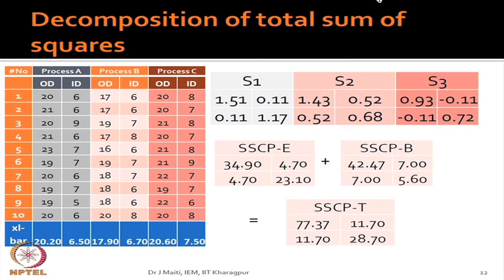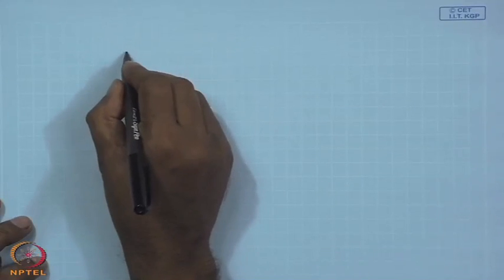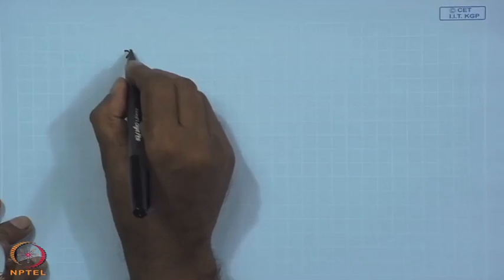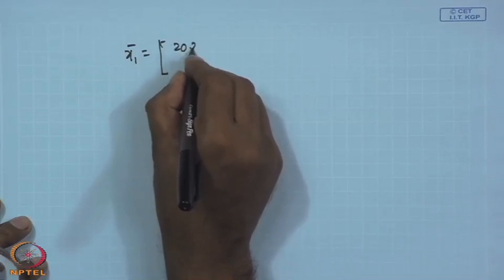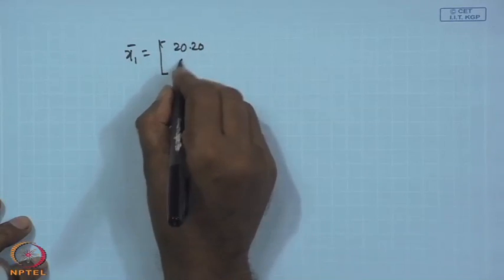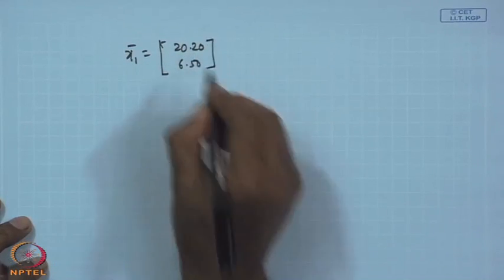The mean values for process A are 20.20 and 6.50.